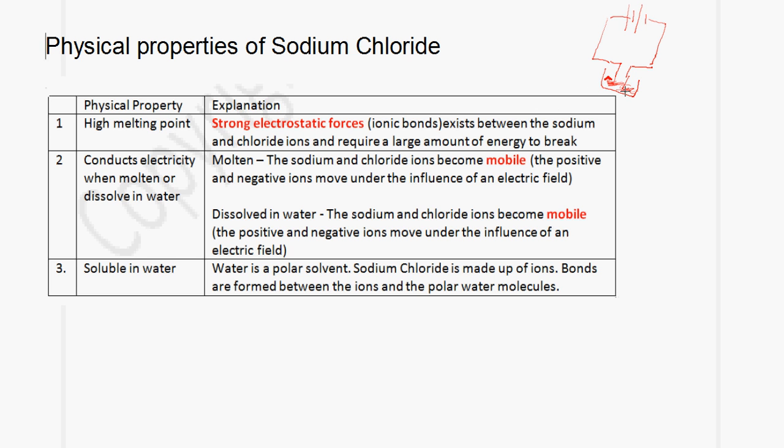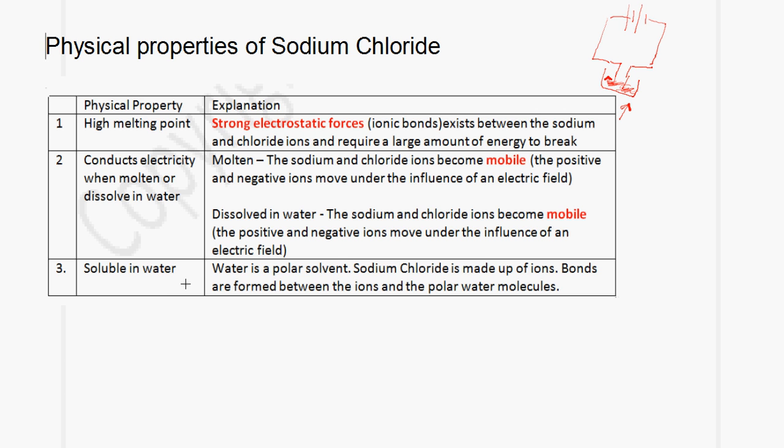If we use solid sodium chloride, we will not get a current to flow in the circuit. If we begin to heat the sodium chloride until it melts, then we get an electric current because the sodium and chloride ions become mobile. If we dissolve the sodium chloride in water, the ions also become mobile. The positive and negative ions move under the influence of an electric field as well.